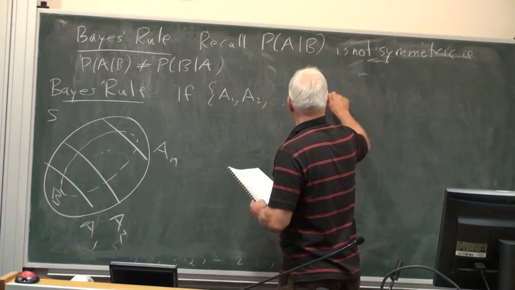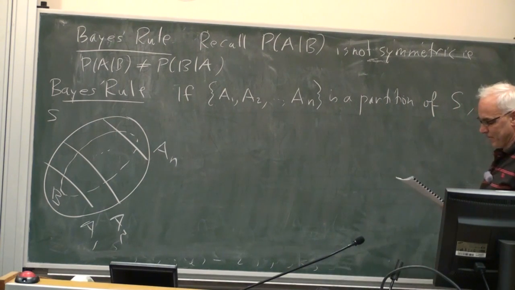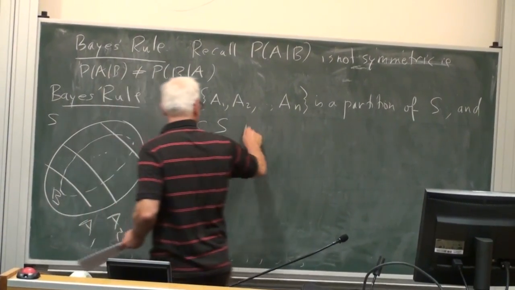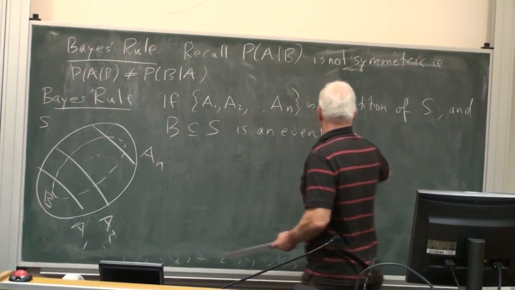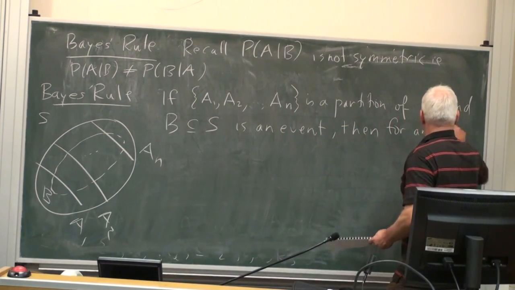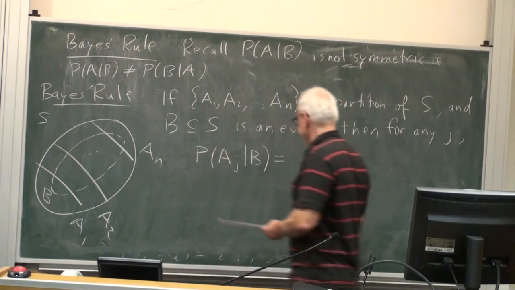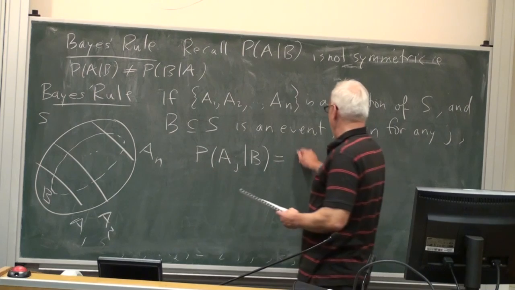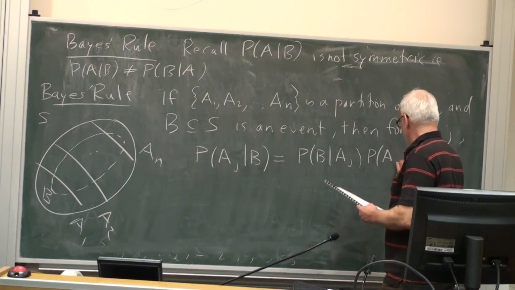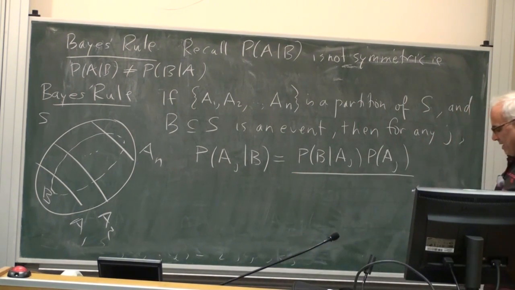If A1 through AN is a partition of S, and B in S is an event, then for any J, the probability of AJ given B is the probability of B given AJ times the probability of AJ divided by the probability of B.